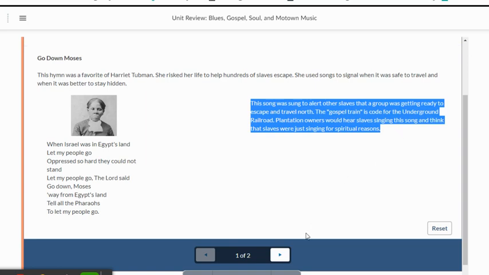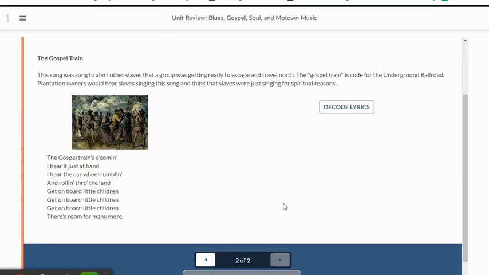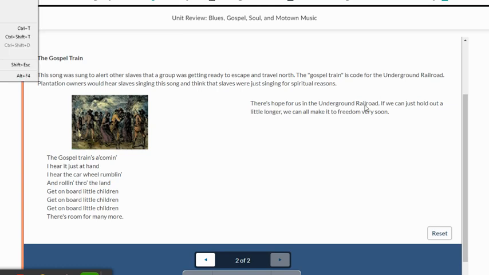What was that supposed to mean? They also, there's one that talks about that as well. Oh, here it is, Gospel Train. Another one we talked about, it is not on the test, which is Follow the Drinking Gourd. Sorry. So anyway, you can read about that and what Gospel Train was about, the Underground Railroad.